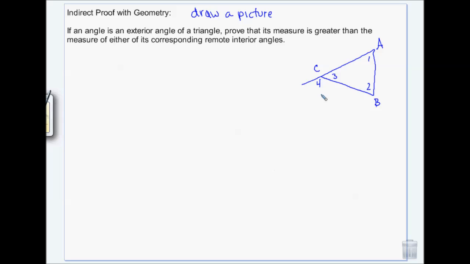All right, so what we're given: if an angle is an exterior angle of a triangle, we're going to prove that its measure is greater than the measure of either of its corresponding remote interior angles. So all we're given is an angle is an exterior angle. Now I labeled it, so I'm going to say angle 4.